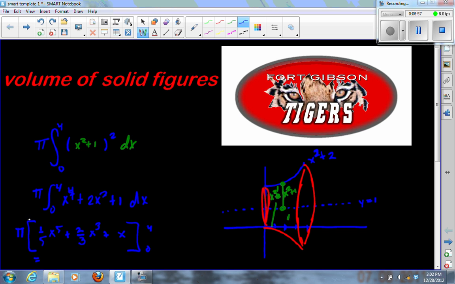Multiply all that by pi. Subtract off, plug in a 0 here, here, and here, multiply all that by pi. But the hardest part is setting this problem up, and that's how you set this problem up.